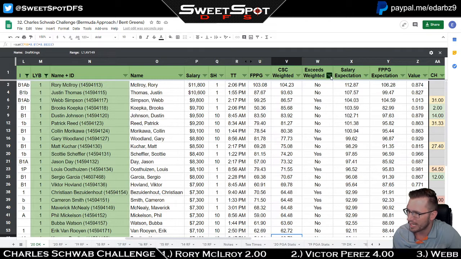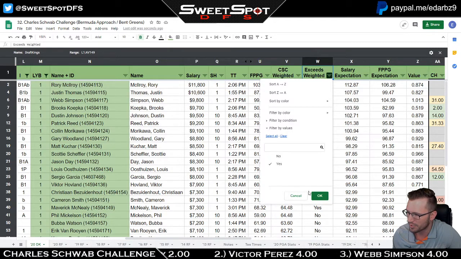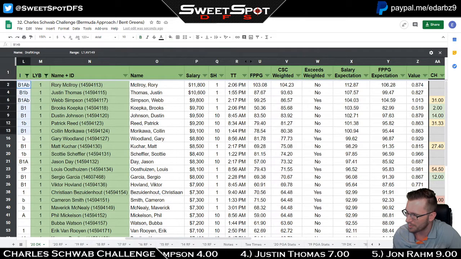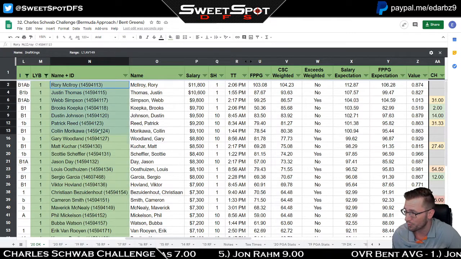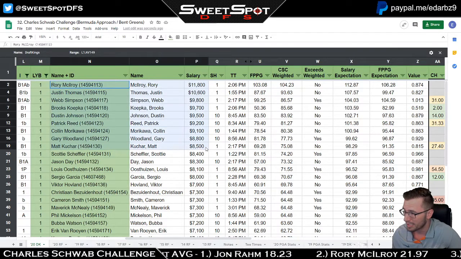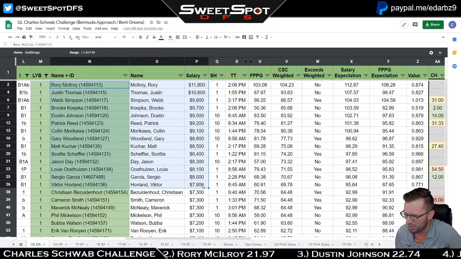Anyways, so when we look at this, I guess the only other thing that I would do is look at this weighted thing, because these are already the top 20 in our stats that we like. So it doesn't really pinpoint any golfer that we want. I could tell you select any of these golfers and feel comfortable with it, all the way down to Victor Hovland.